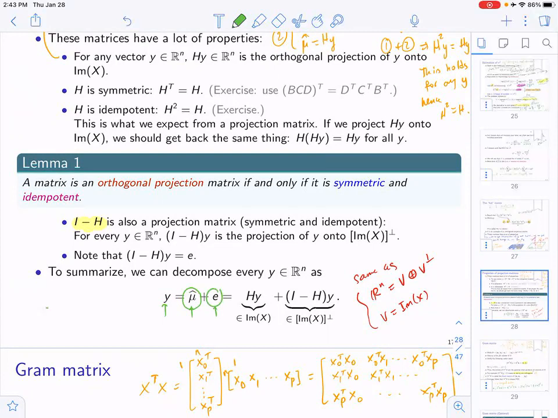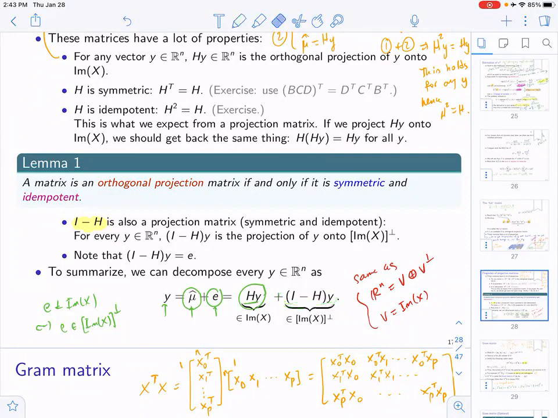So E, remember, E is orthogonal to the image of X. Another way of saying this is that E belongs to the image perp, or the orthogonal complement. This can be compactly written as Hy, this is mu hat, plus (I minus H)y, which is E. So this produces the component which is in the orthogonal complement, and this produces the component which is in the image.